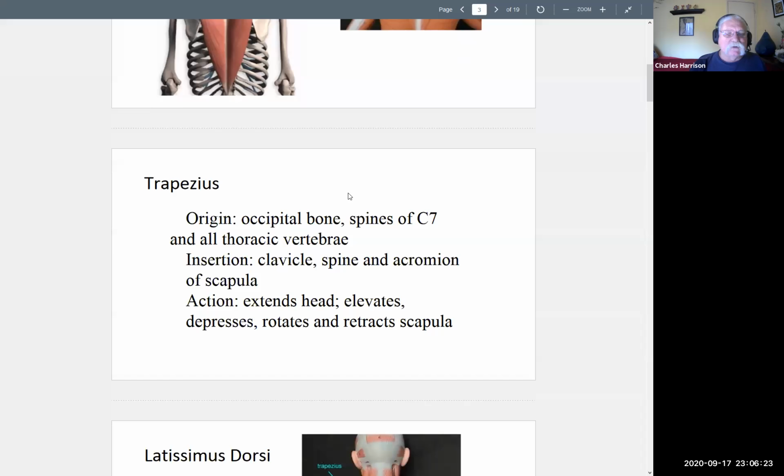Now below it, as if you might want to use it to make flashcards, it has the origin, insertion, and action. The actions of all of the muscles are the same as on my sheets, no difference, but the insertions and origins on this page are longer. If you learn them the way I've given you, you will do fine.